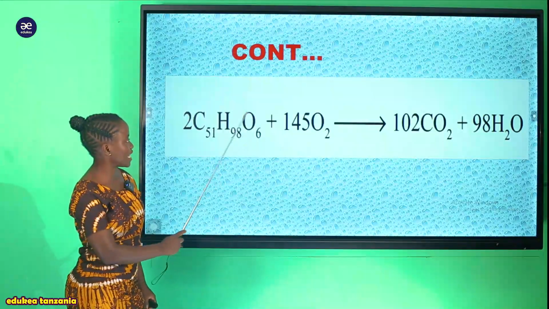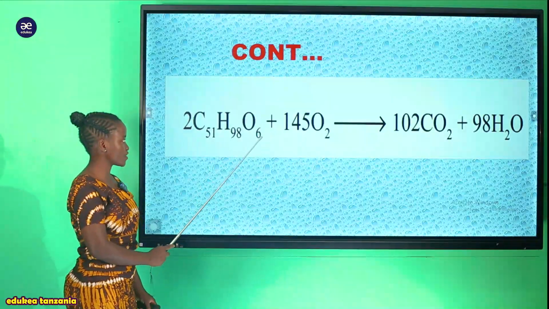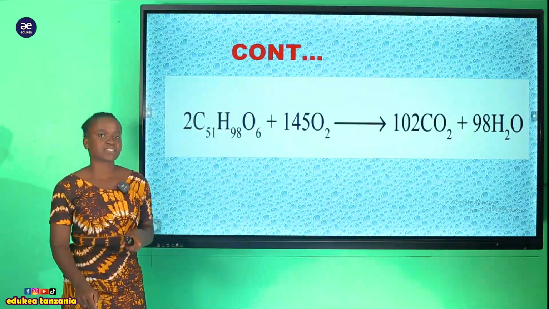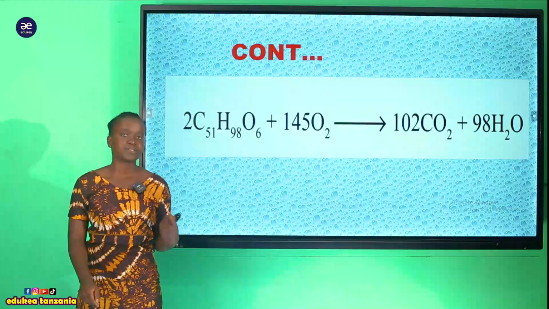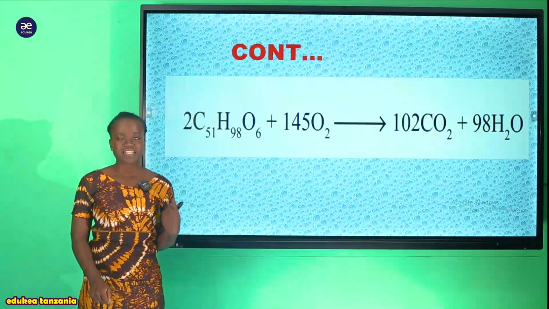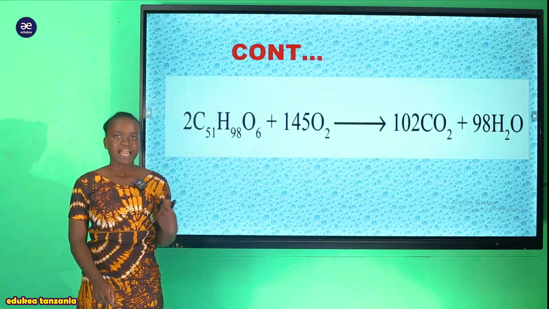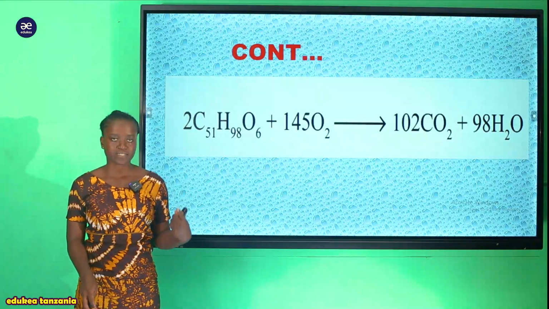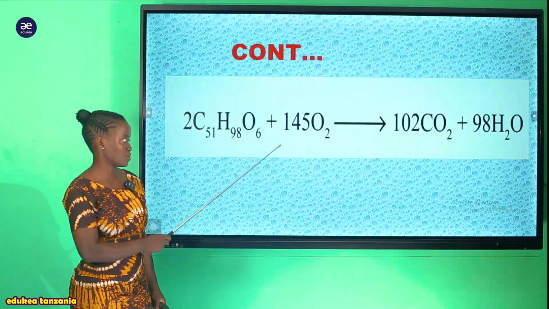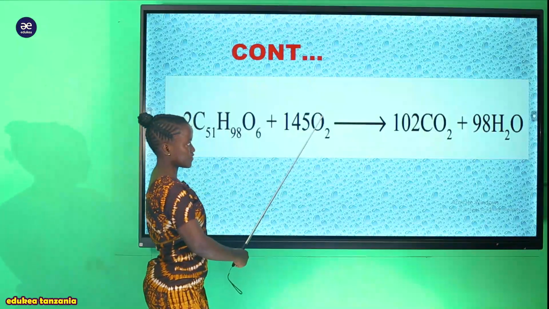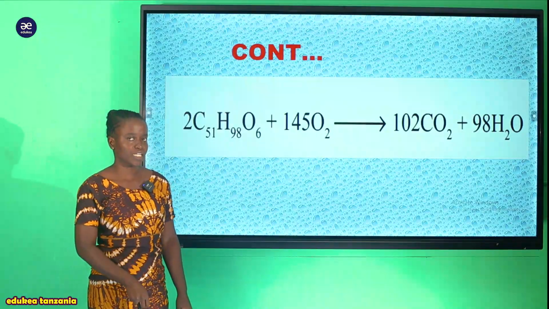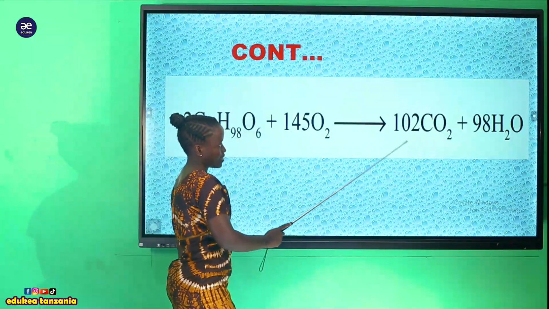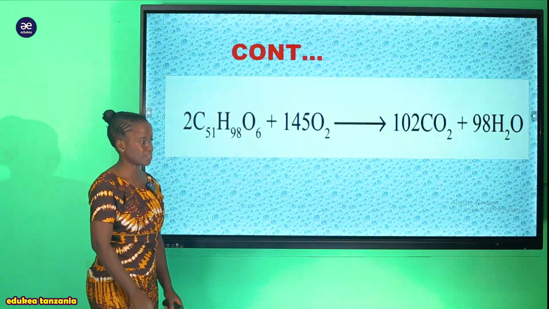Lakini pia ukija numbers of oxygen here, it is C. So my student, the thing that is very important here, just balancing the numbers of carbon dioxide and the numbers of oxygen which are used in the reactant and in the product. You can see here we have about 145 oxygen molecule. Lakini ukija kuangalia huku na kwenyewe utaona numbers of carbon dioxide which are present there.